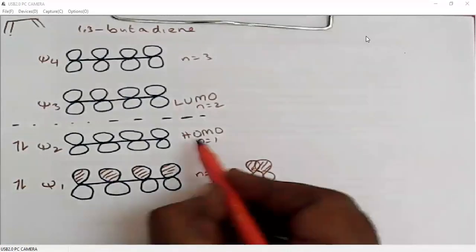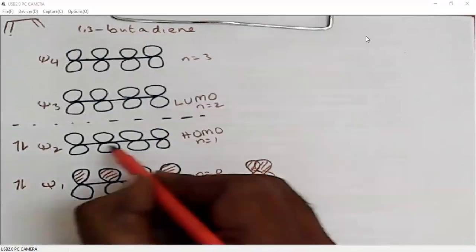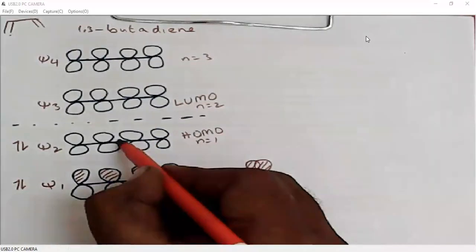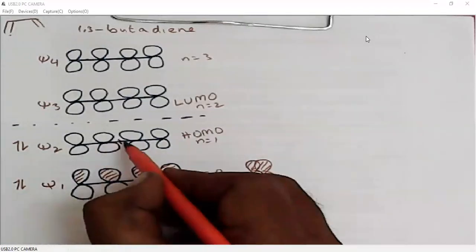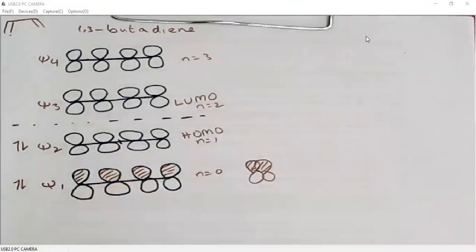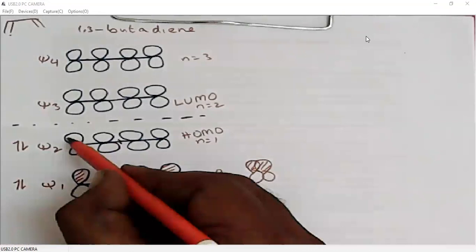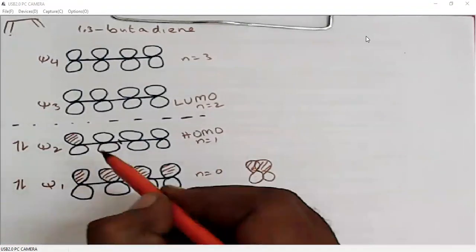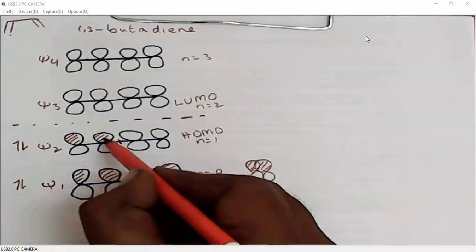Because we have one node, we need to distribute it symmetrically. We have 4 orbitals altogether. If we place one node in the middle, then 2 orbitals will be before the node and 2 after, so it is symmetrically distributed. If we have positive lobes here, because there is no node between these 2 orbitals, they must be in phase.